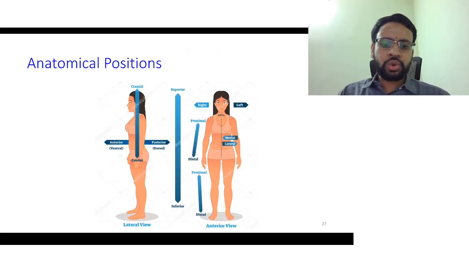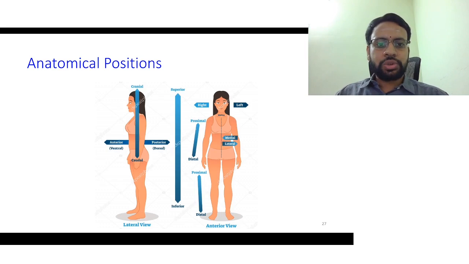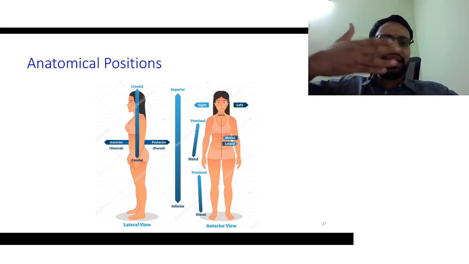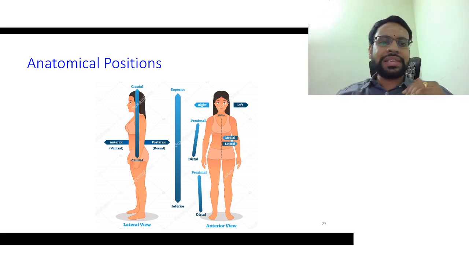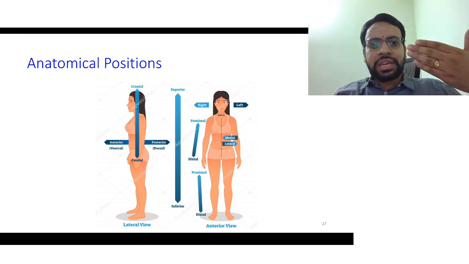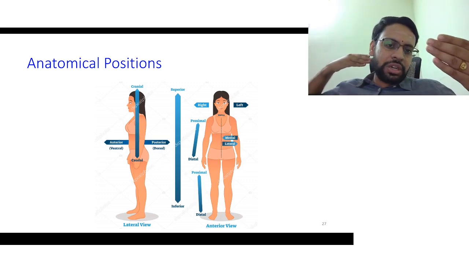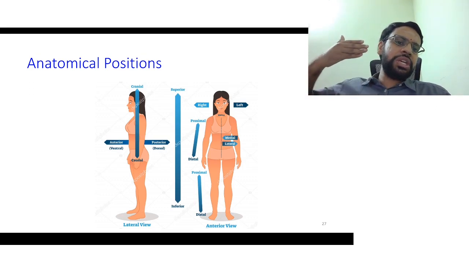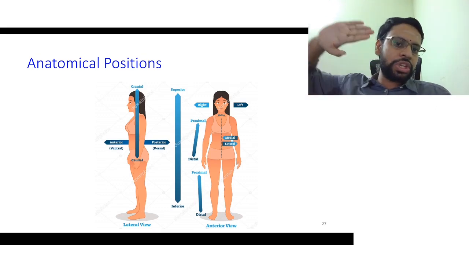Another thing to know is anatomical positions. These terms also should be clear to you. The most important things I'll point out here, the rest you can go through there. Anterior and posterior. While a scan is captured, as I mentioned, you are taking slices, so it is taken from anterior to posterior, or posterior to anterior.